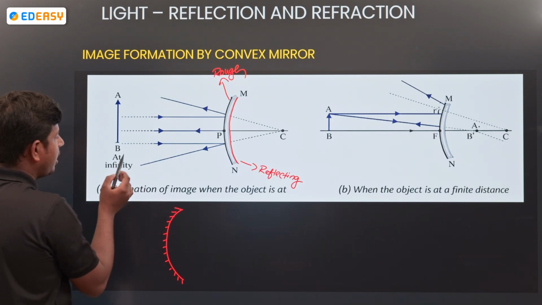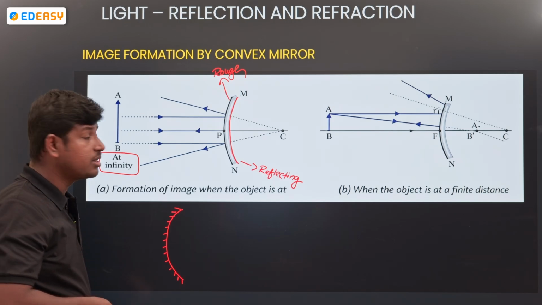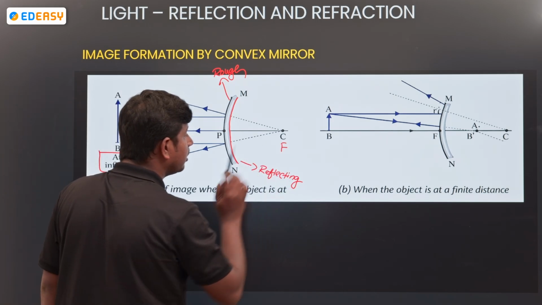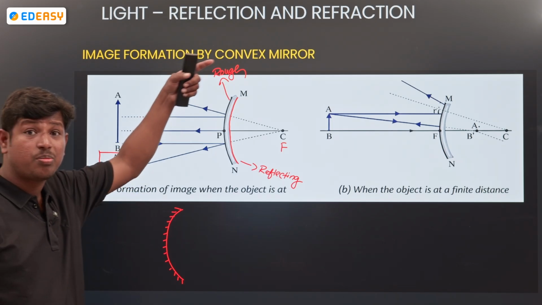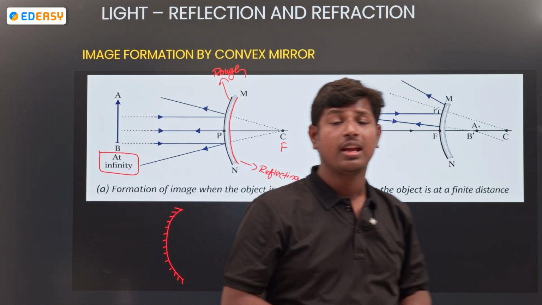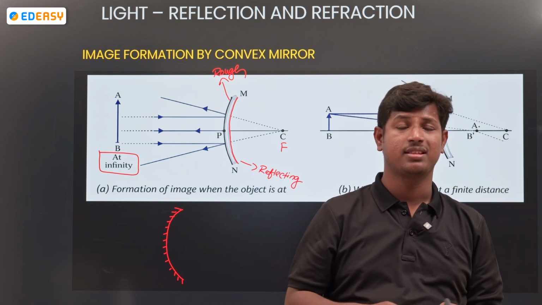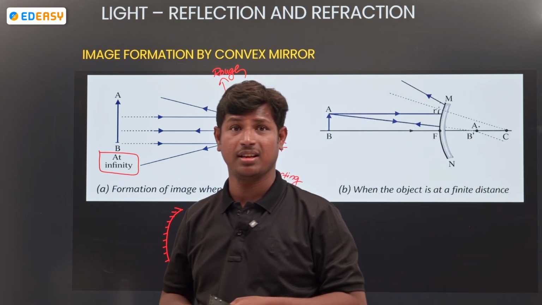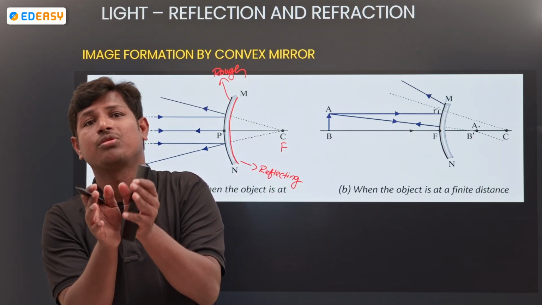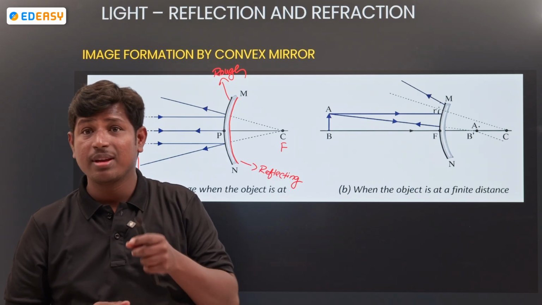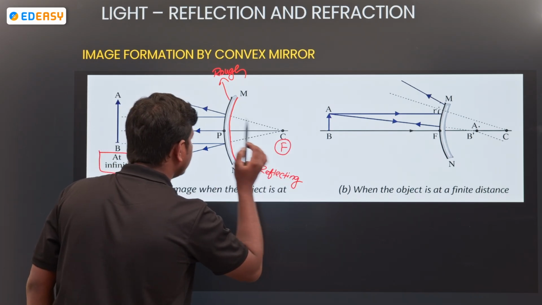And see, where the object will be at infinity, you will get the image at focus, as the light rays will be parallel. If light rays are parallel, what is the first point? Rule number 1: if light rays are parallel to the principal axis, where will you get the image? The image you will get at focus only.